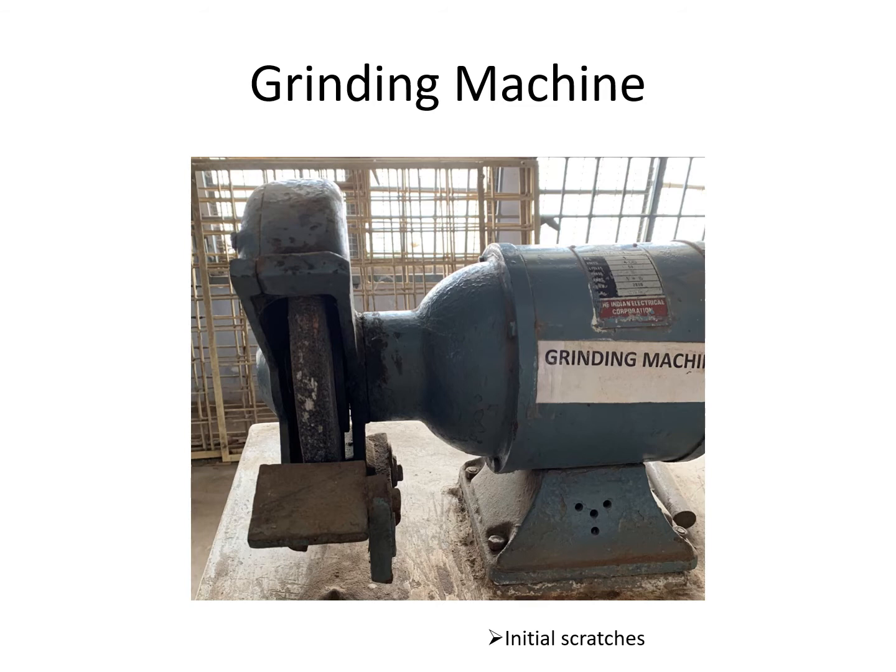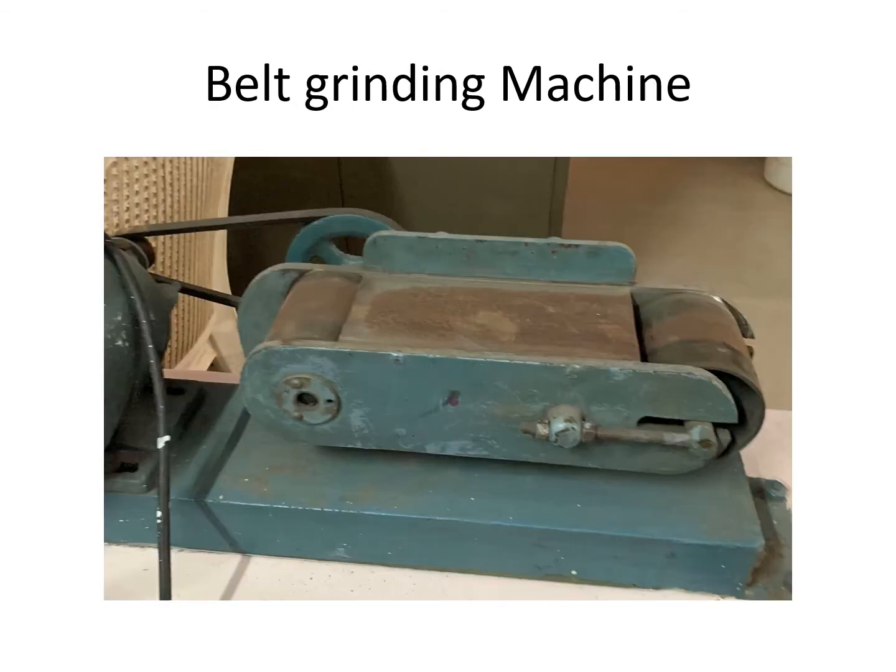We have to keep the sample on the grinding wheel. And after preparing it on the grinding machine, for further preparation we have to keep the sample on the belt grinding machine.